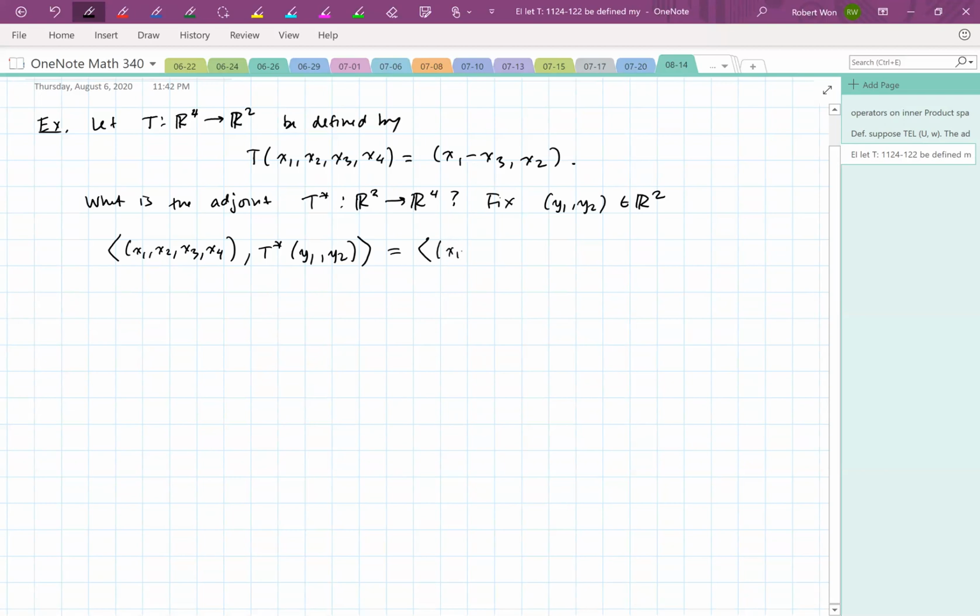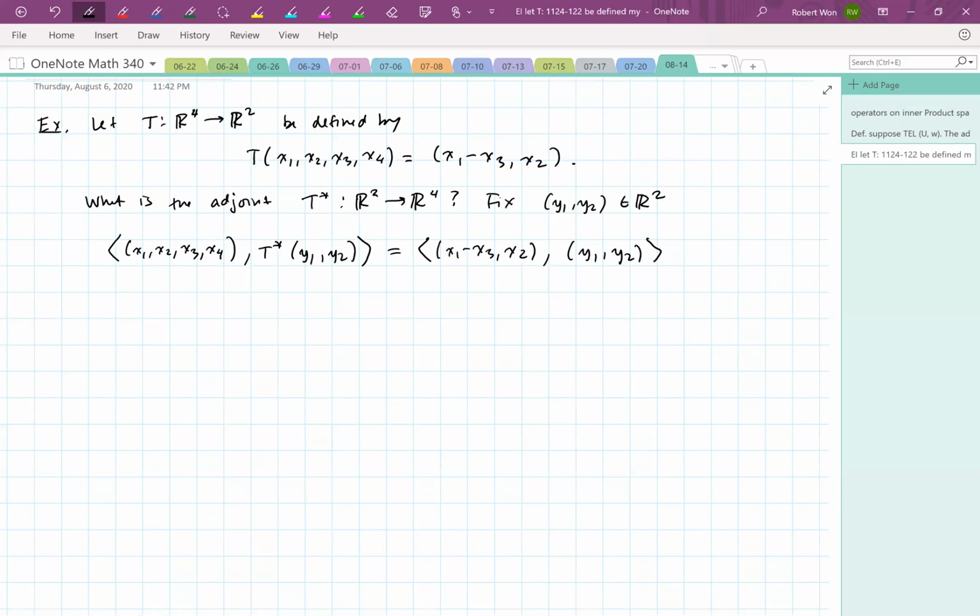T of V is this vector, x1 minus x3 comma x2, and we take the inner product with W. That's what it would mean for T star to be the adjoint.